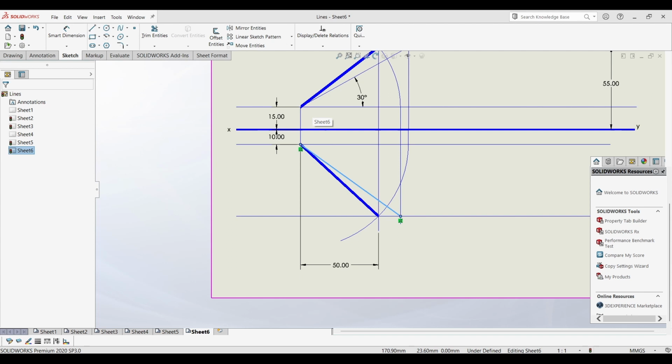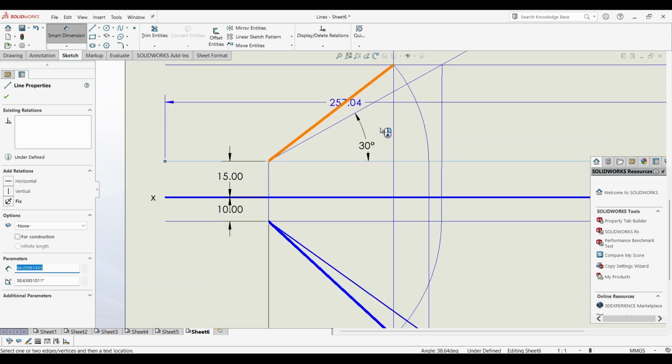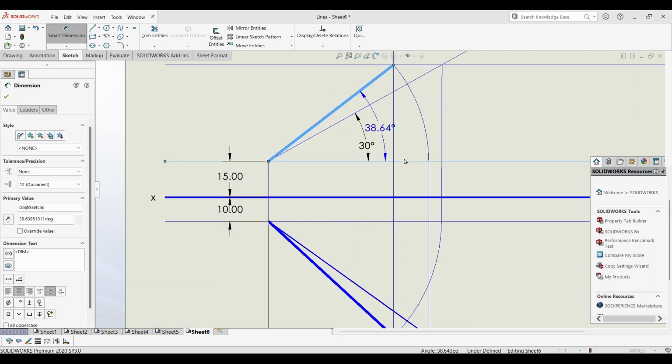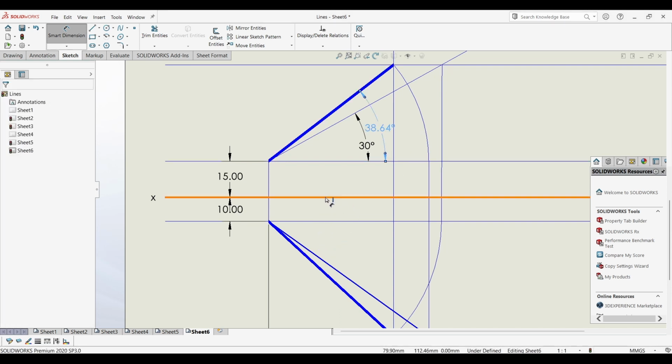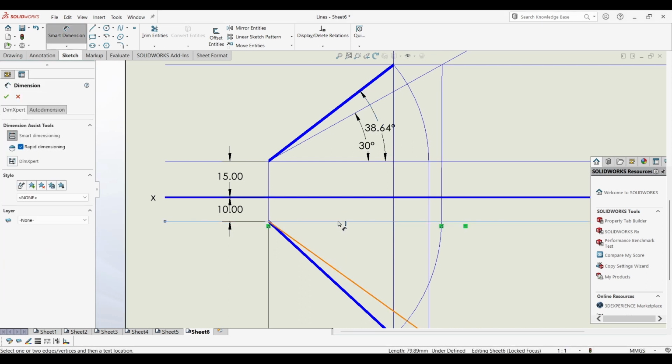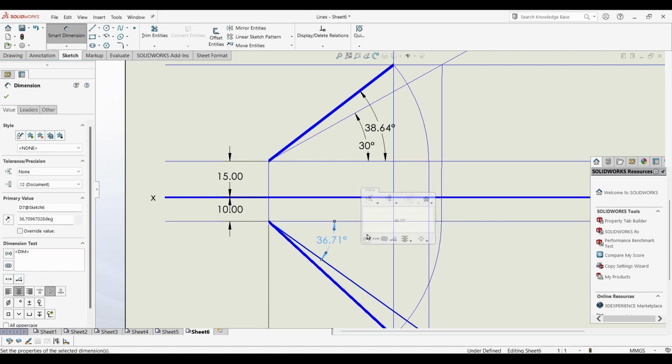And yeah, so after that, let's do the dimensioning. So dimensioning this one and this one. Then on doing a dimension for this one and this one, I get 36.71.